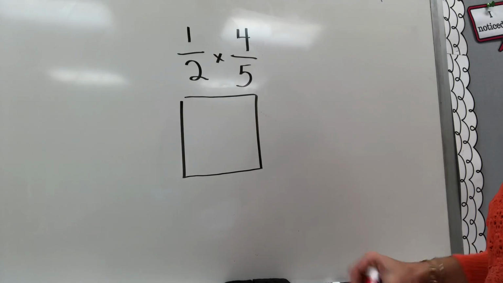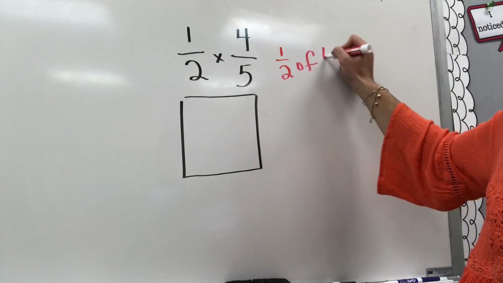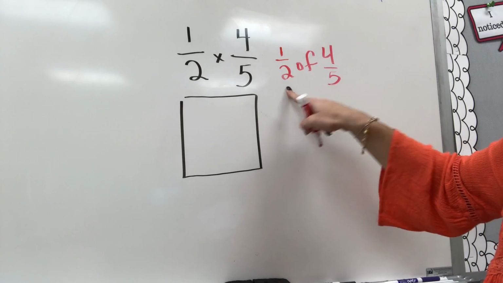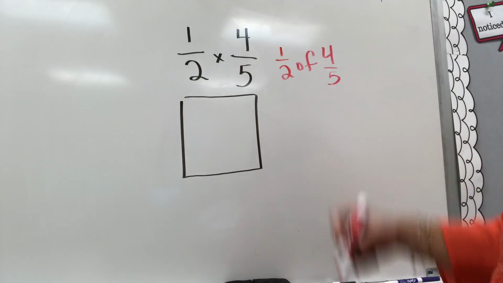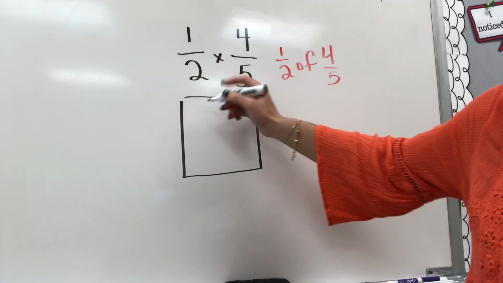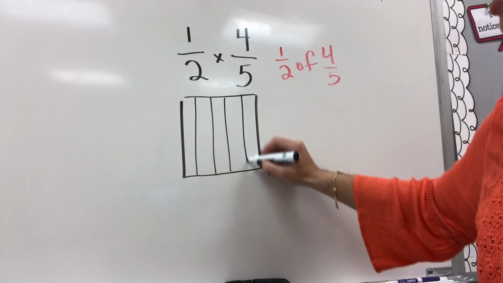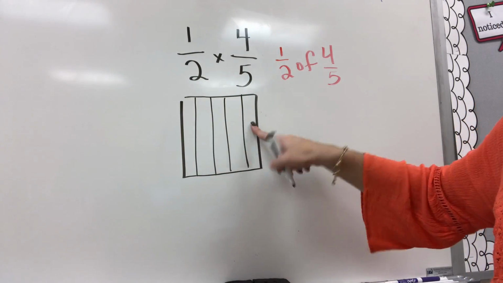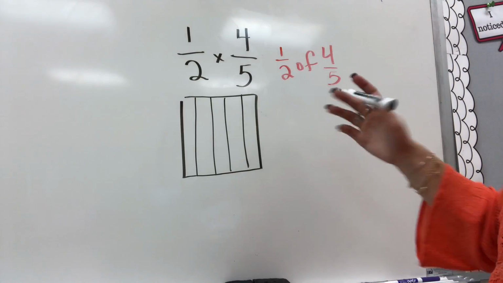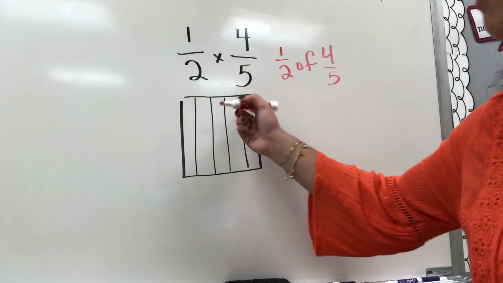Because this is saying 1/2 of 4/5, I want to take a half of 4/5. I'm going to start with 4/5. So I'm going to divide my model into fifths. 1, 2, 3, 4, 5 fifths. Okay, and I want to show 4/5. So in order to do that, I'm going to shade 4 out of the 5 pieces.